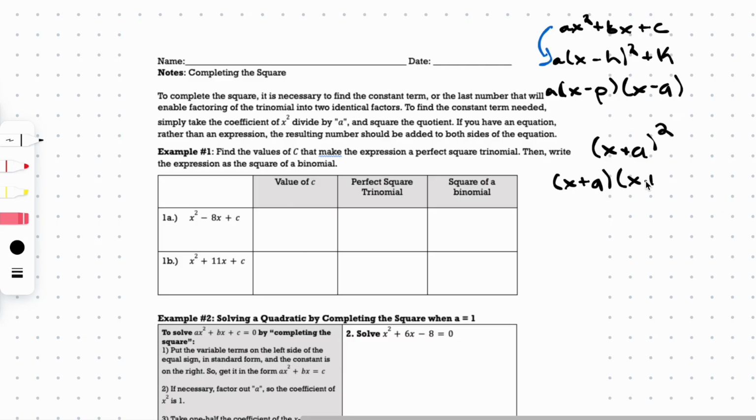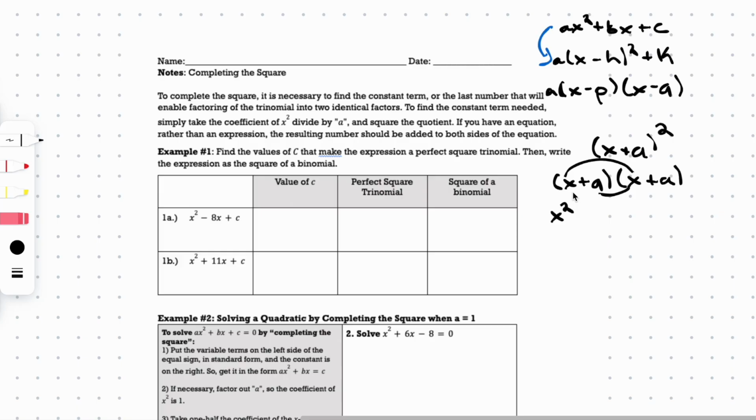So I'm going to write it out like this. And now what we want to do, and I'll go over exactly how to complete a square in example 2, I'm just going to sort of give you an introduction. But we're going to FOIL this. So we want to do x times x. We get x squared. Now we do q times x, which is qx.